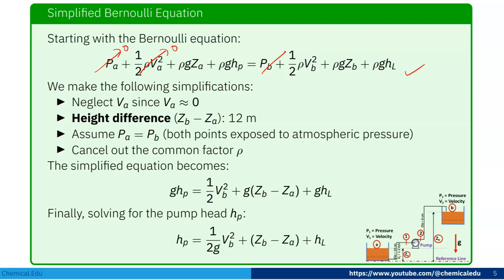If we simplify the equation, the rho will be cancelled out from both sides. So G HP will be half VB square plus G times ZB minus ZA plus G HL. So HP will be 1 by 2G VB square plus ZB minus ZA plus HL.